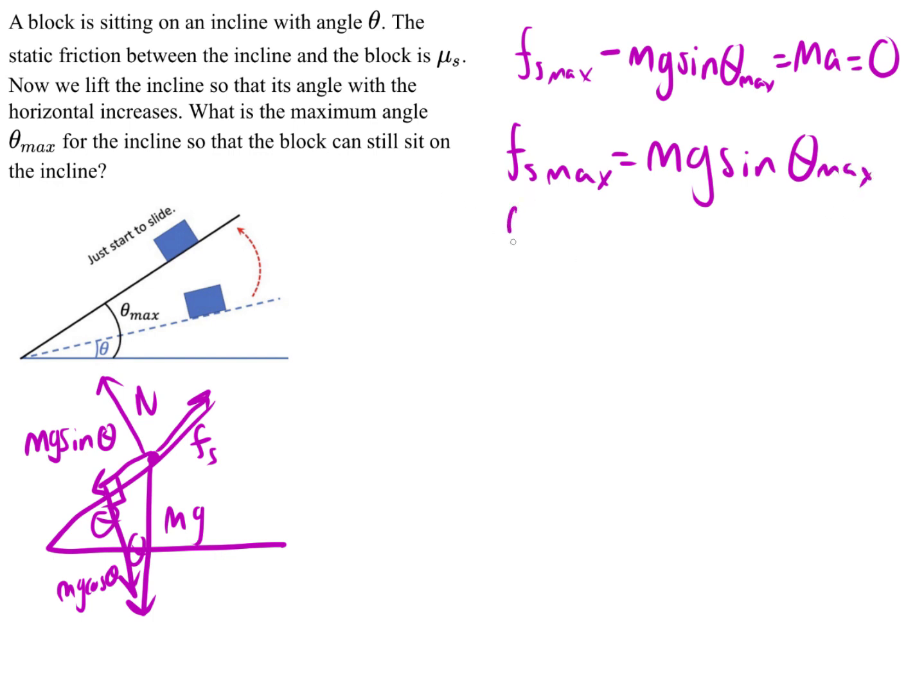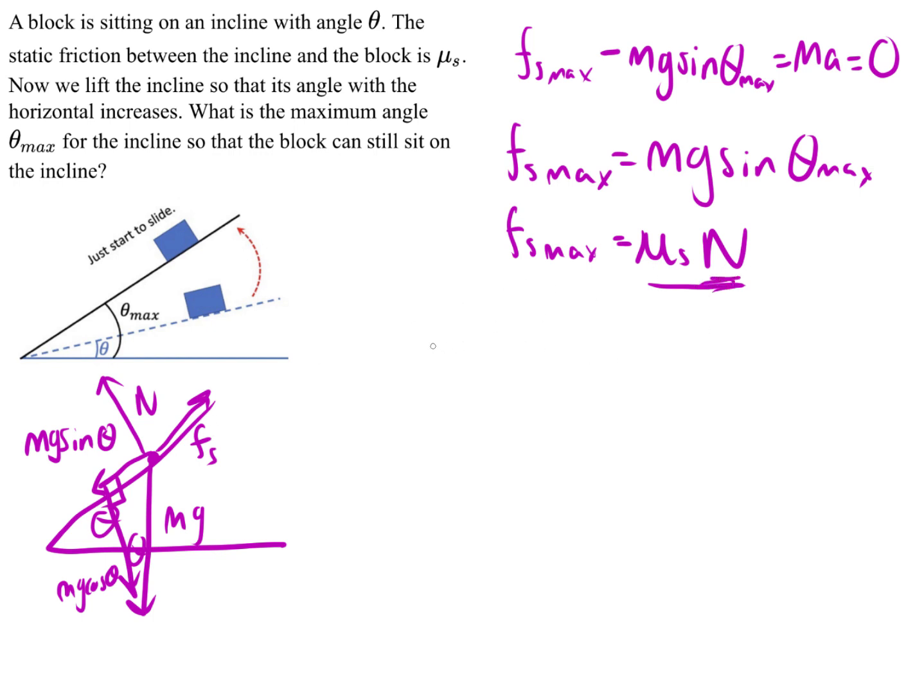We also know that the maximum possible friction is equal to the coefficient of static friction times the normal force. This is only true for the maximum static friction, as the static friction can vary in magnitude until it reaches the max, which is given by this expression here. Now we can use the direction perpendicular to the incline to solve for the normal force.